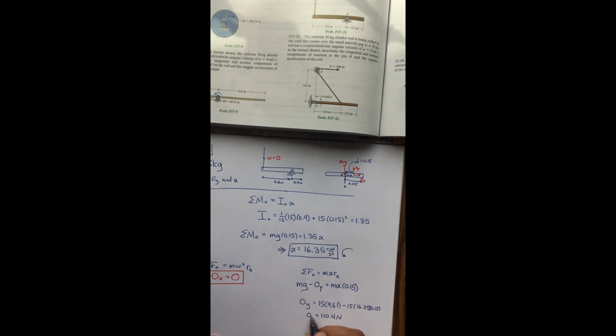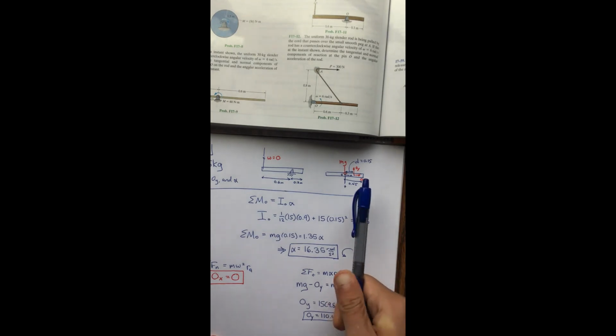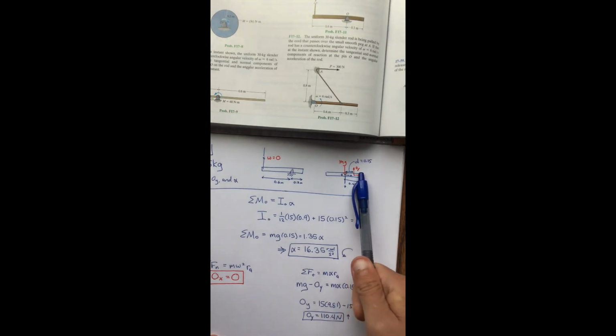Because that came out positive, that means it's pointing upwards, because I said this was pointing upwards. If Oy turned out to be negative, it would mean it was pointing downwards. Okay, so that concludes Fundamental Problem 11.